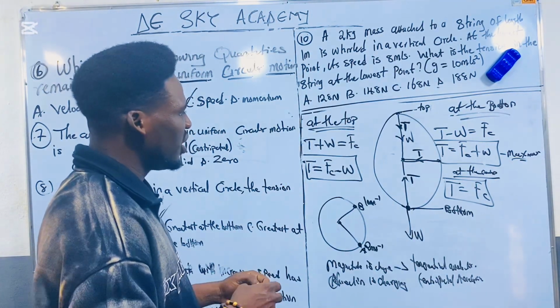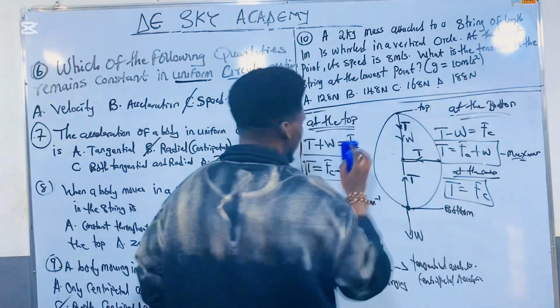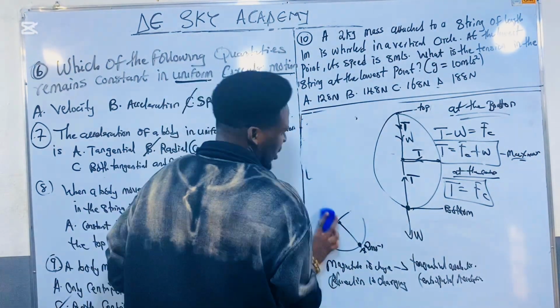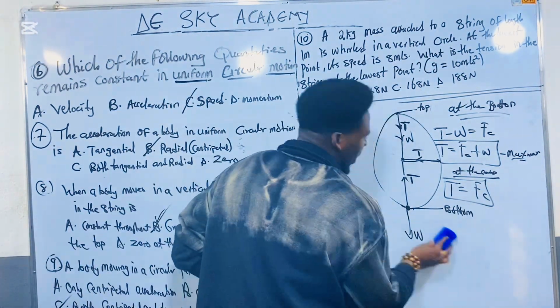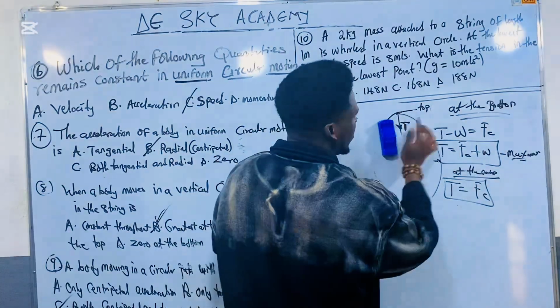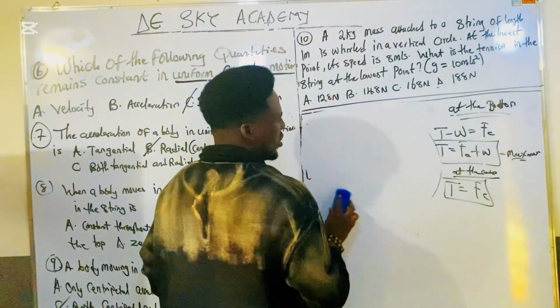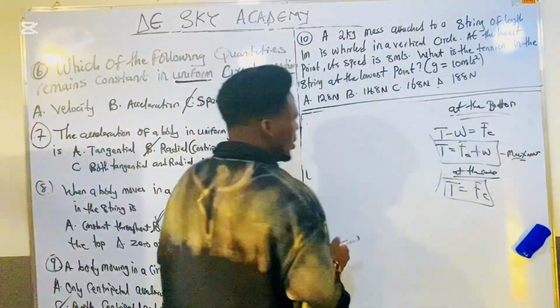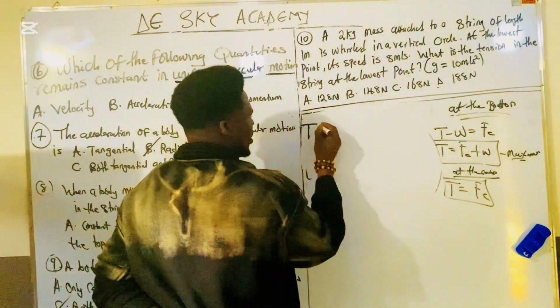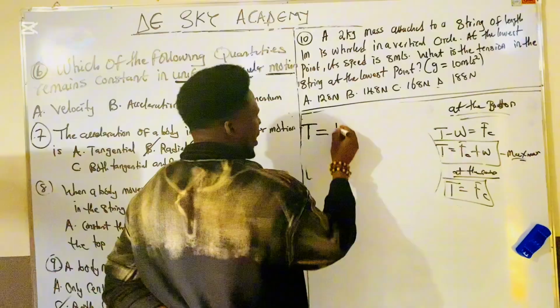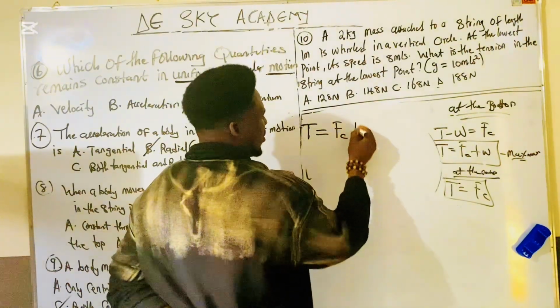So if we are looking at the tension at the bottom, that means we apply this formula. Let's apply this formula that is here at the bottom. So what will be the tension at the bottom? We'll have that the tension at the bottom will now be T is equals to centripetal force plus weight.